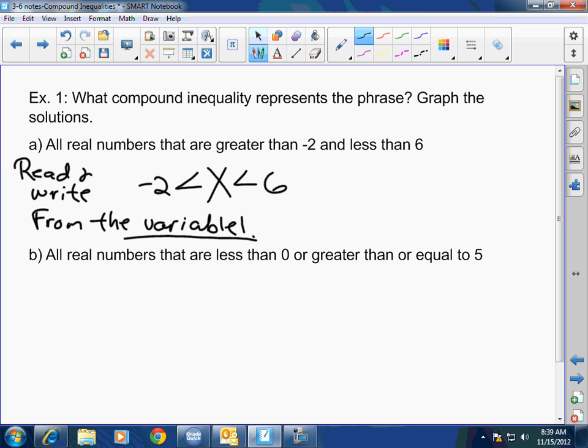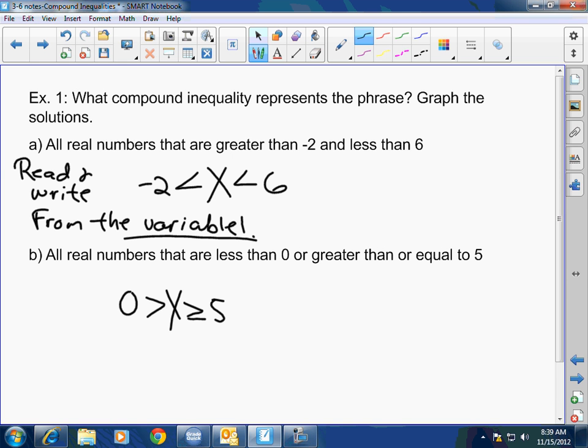All real numbers that are less than 0 or greater than or equal to 5. Well, this time, is this an and or an or? Okay, so you could write this two different ways. You can say x is less than 0 or greater than or equal to 5.